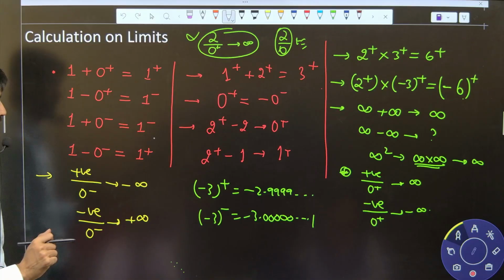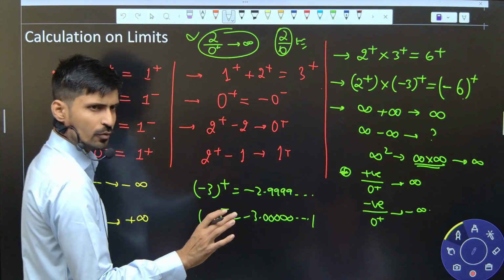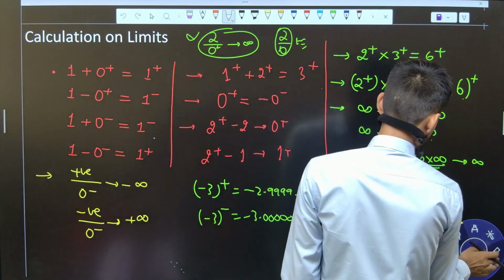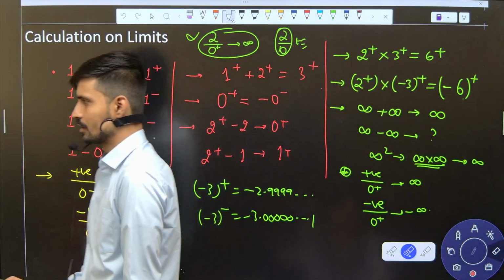Two more calculation. Say this. Four more calculation. After that calculation part done. Delete कर दो. Write down.